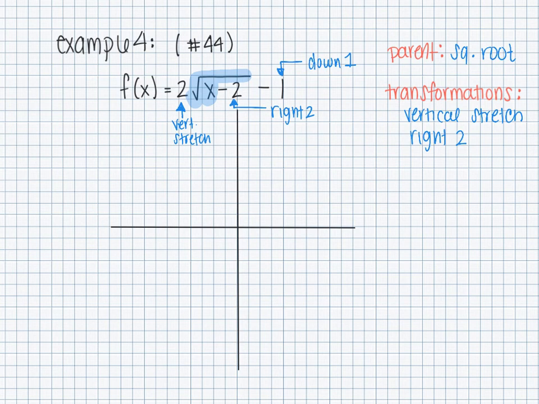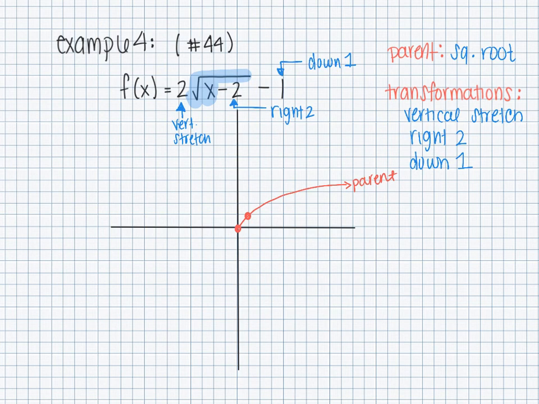So now I'm going to put all of those transformations together and move the parent function graph. It helps to plot the parent function. The square root function goes through (0, 0) and (1, 1), and I'm good if you just know those 2 points. So here's my parent. Now I want to move the parent by the transformations above. I want to stretch it up.